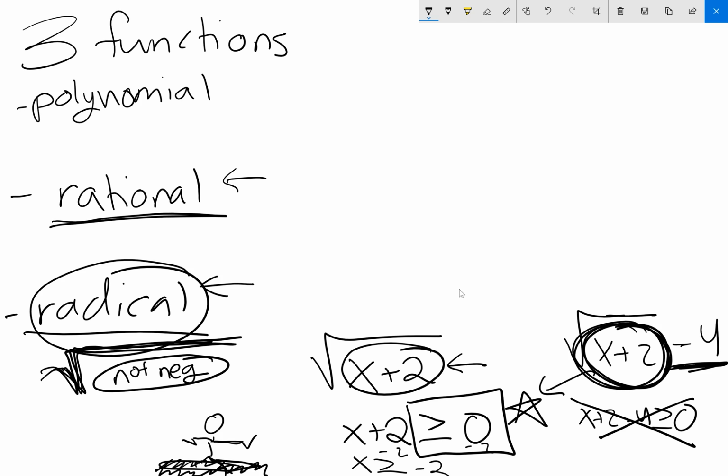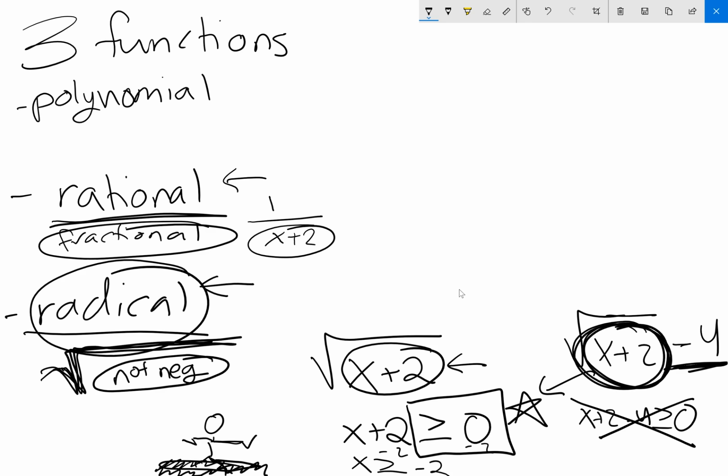Rational: think rational, fractional. Know that it's not just the fact that it has a fraction, but that it has our input in the denominator. So x over 2 is not a rational.